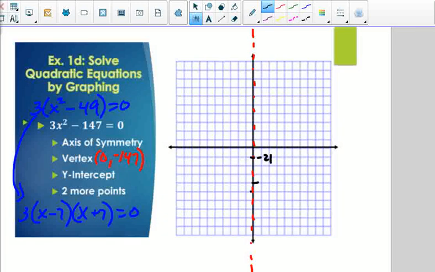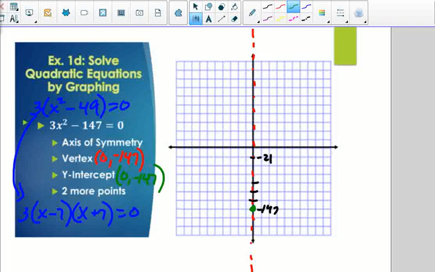This would be a negative 105, negative 126. This would be a negative 147. So now I can plot a point here. That's where my vertex is, the turning point. That's also my y-intercept, so 0, negative 147.